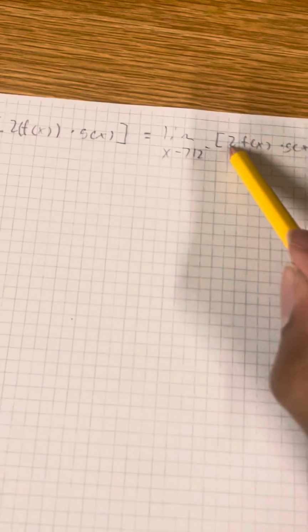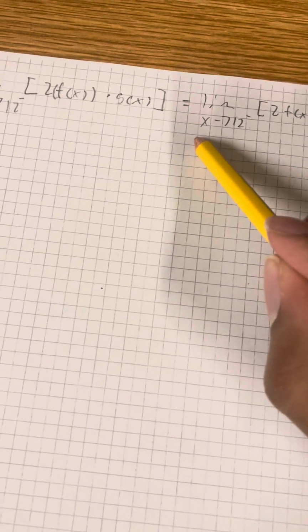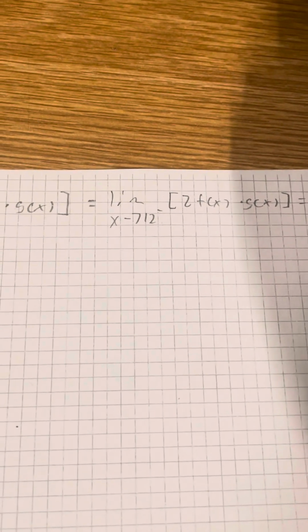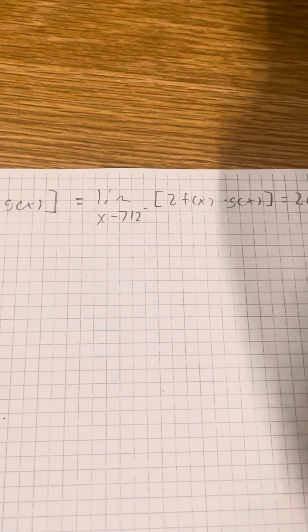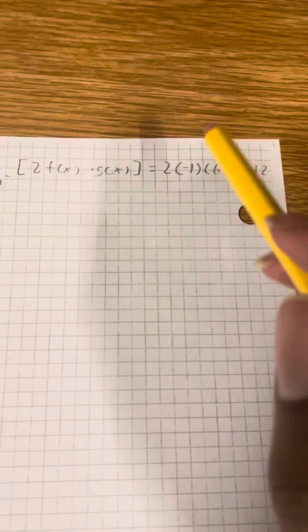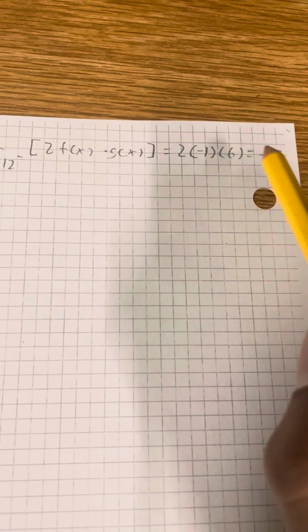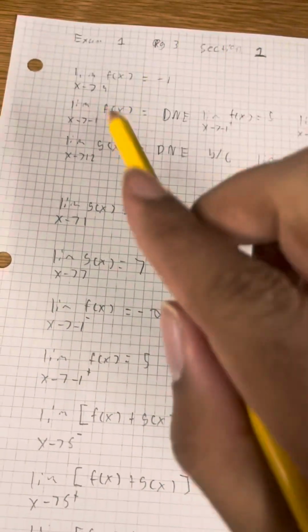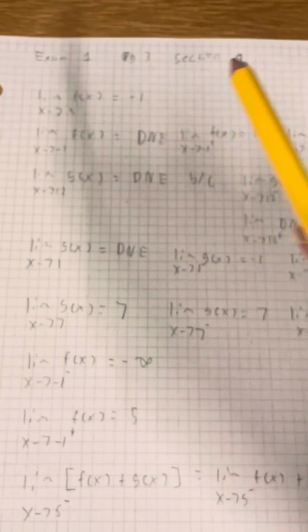You could put the 2 in front of the limit if you want to, but it's already kind of taken out, so it's unnecessary. So you would just have 2 times -1 times 6, which gives you -12 as your answer. And that's how you do this problem of exam 1, question 3, section 1.